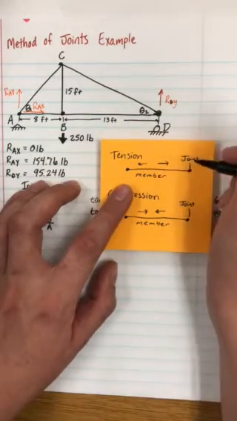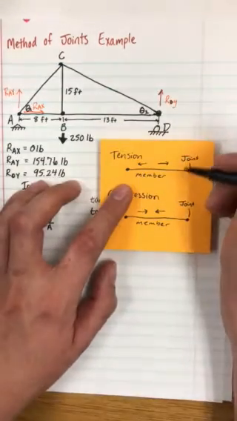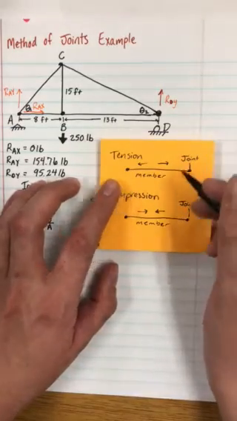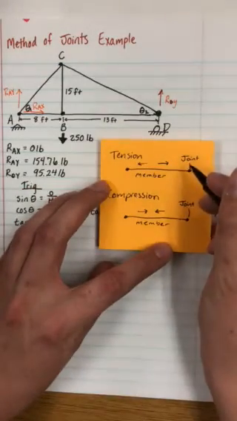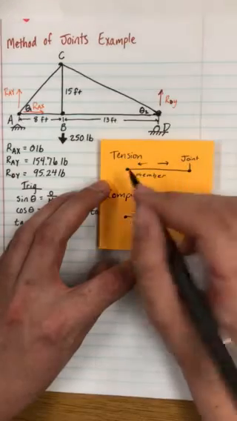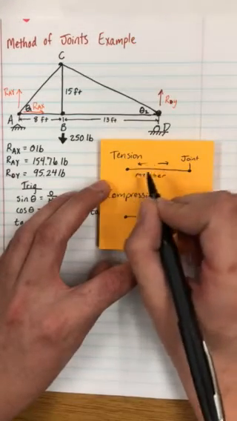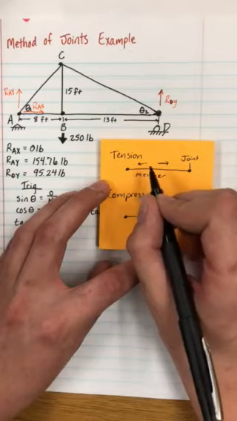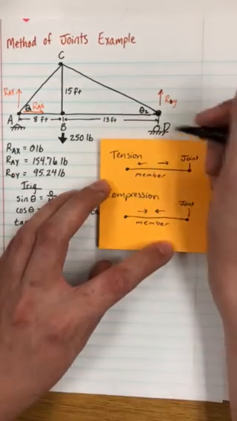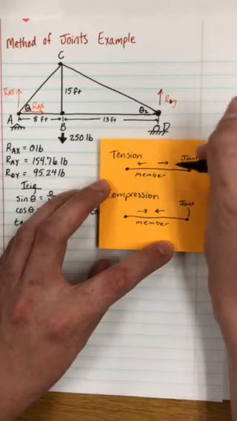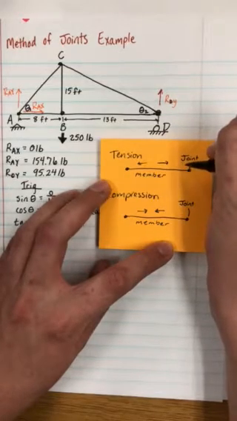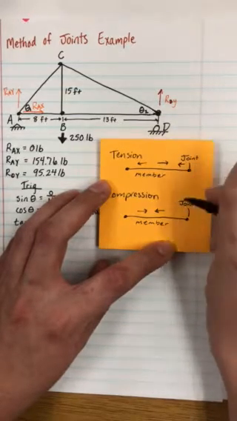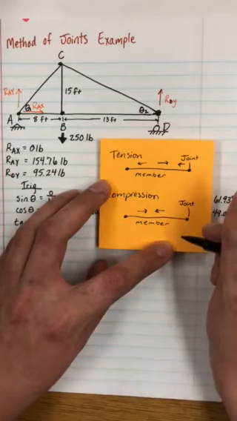And keep in mind that we're going to be using the method of joints. So we're really going to be looking at what is happening in terms of an opposing force at the joint. Because if the member is in tension, then the internal components of that member are pushing outward. And so from the joint's perspective, it's going to meet this push outward with an equal and opposite force, pointing in toward the member.